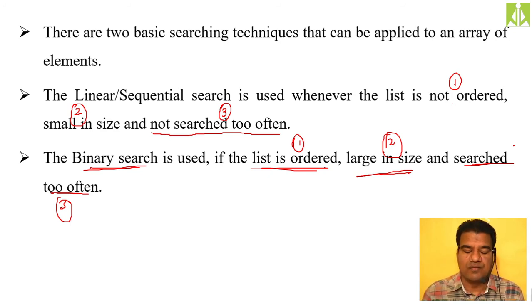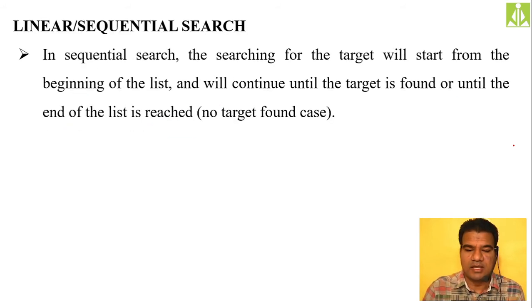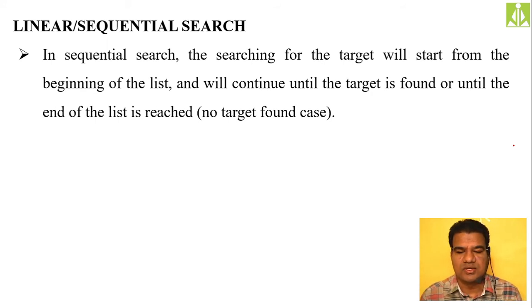One by one we'll discuss both linear sequential search as well as binary search. The first searching technique is the linear or sequential search technique. In sequential search, the search for the target starts from the beginning of the list, that is the leftmost element.